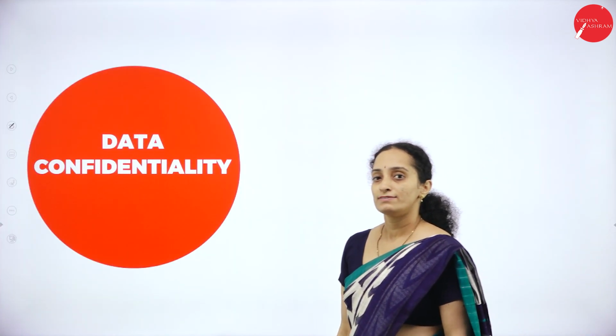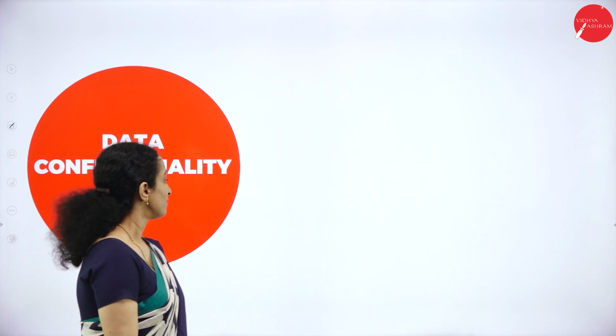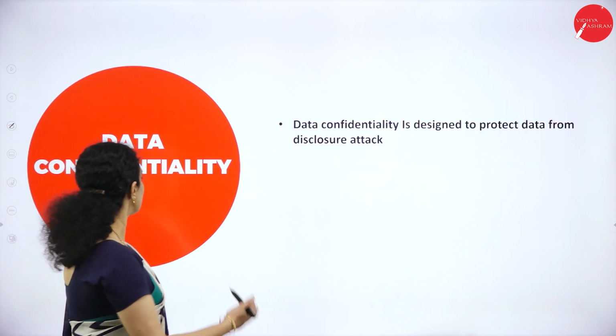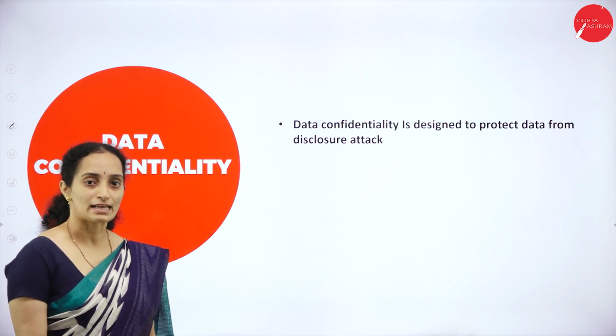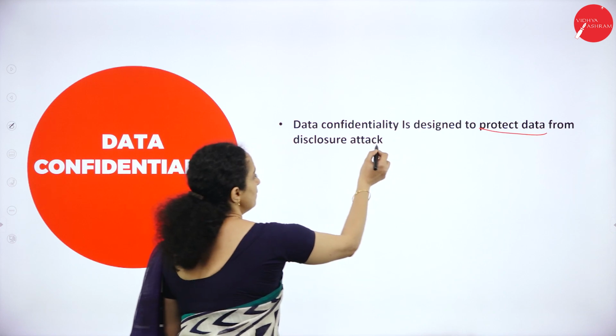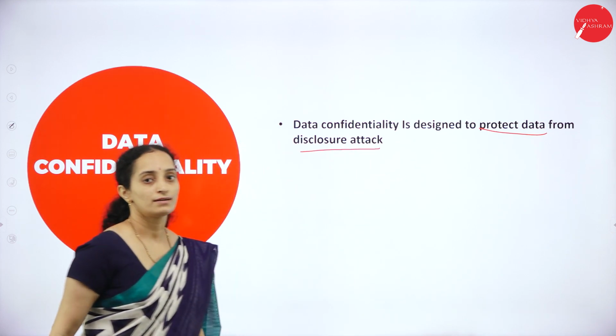Next, we shall discuss in detail the services that are provided. First one is the data confidentiality. What the data confidentiality service will give is to protect data from the disclosure attack.